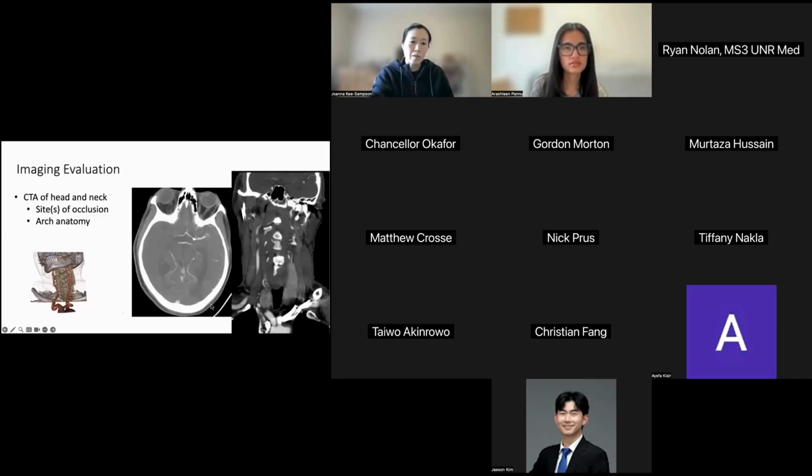This is a prime example. If you look at this patient's CTA, this is a 3D reconstructed view of the top of the aortic arch and proximal vessels. This is a prime example where the CTA, including the neck, would be very helpful for procedural planning. You see the ICAs coming off very circuitous, almost like a 360-degree turn.